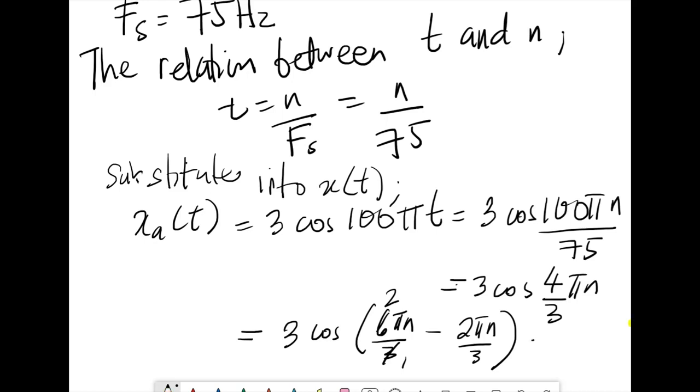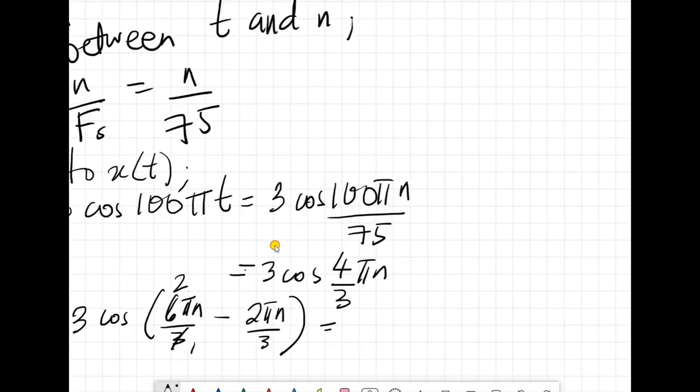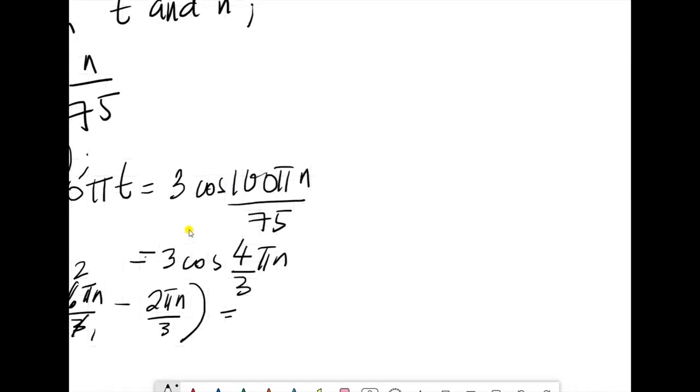Okay, so we have 3 cos 2 pi n minus 2 pi n over 3.